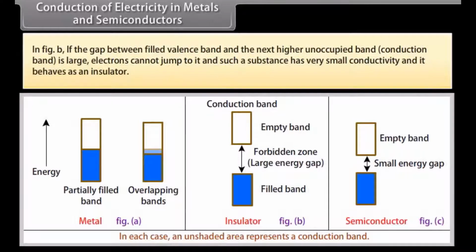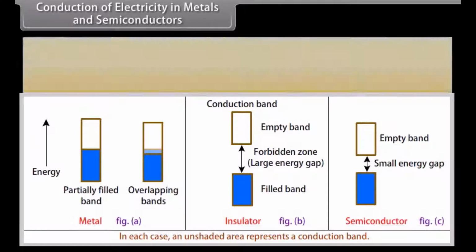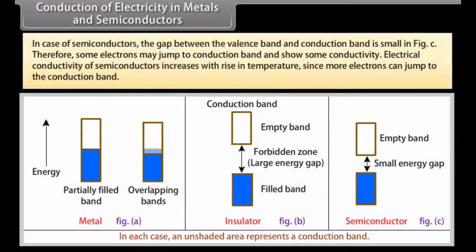In Figure B, if the gap between the filled valence band and the next higher unoccupied band, the conduction band, is large, electrons cannot jump to it, and such a substance has very small conductivity and behaves as an insulator. In case of semiconductors, the gap between the valence band and conduction band is small, as in Figure C, therefore some electrons may jump to the conduction band and show some conductivity. Electrical conductivity of semiconductors increases with rise in temperature since more electrons can jump to the conduction band.